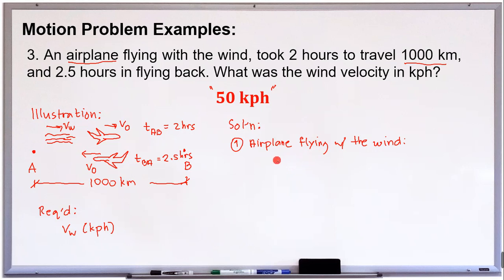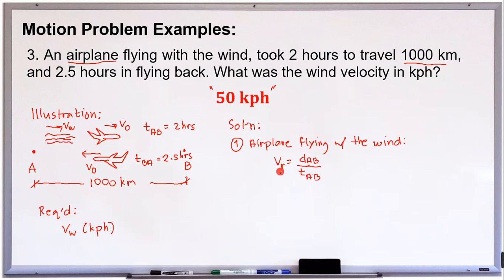Okay, so we all know that velocity is equal to the distance over time. So for this first case, our resulting velocity is represented by VR, our distance is from A to B, and our time is also represented by TAB.